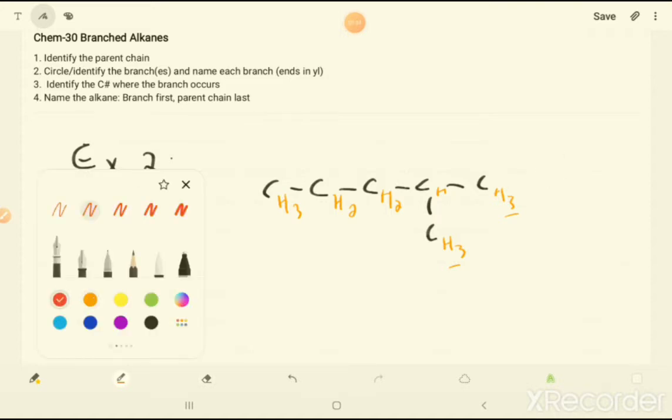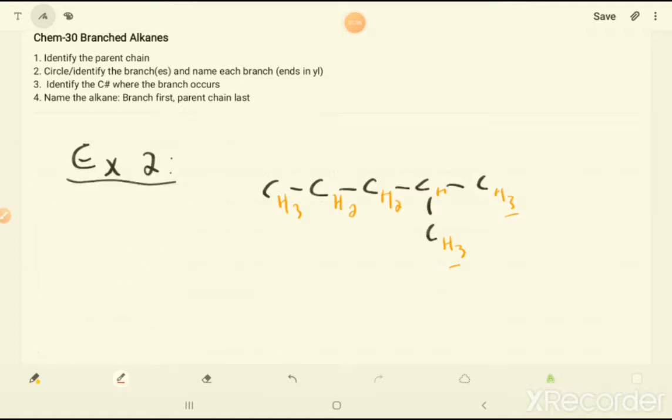Now remember, like we said in class, the parent chain is the longest continuous carbon chain without double counting. When we recount this one, this would be the longest carbon chain, because even though it goes kind of like a sideways L, as long as we're not double counting any carbons, we're fine.